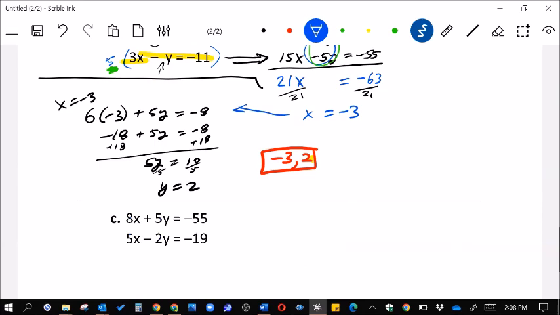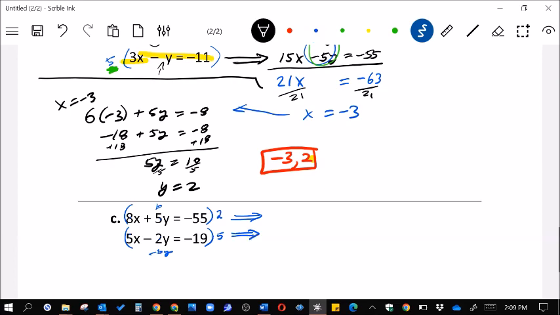But what I can do is change both of them. So I'm going to change this one by something and that one by something. When I look at the numbers, it would be easier if I multiplied this one by 2 and this one by 5. If I did that, I'd get a 10y, and here I'd get a negative 10y, and then they'd be able to cancel. So let's rewrite them here.